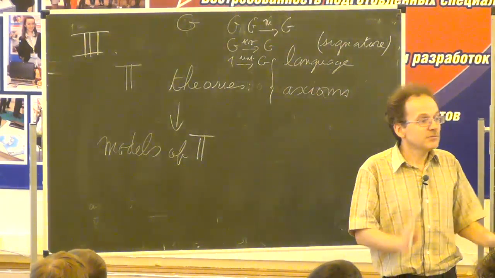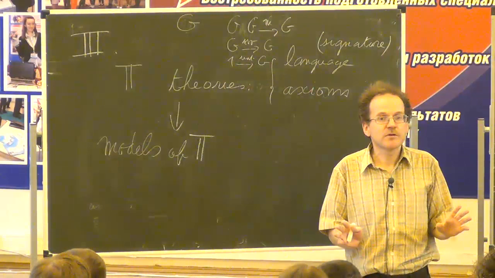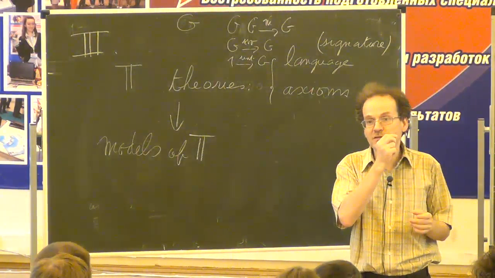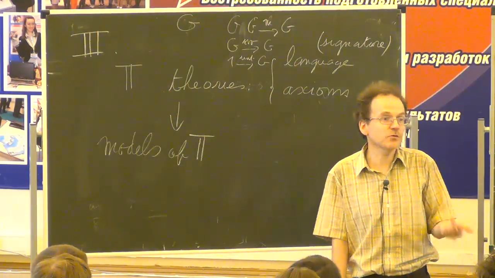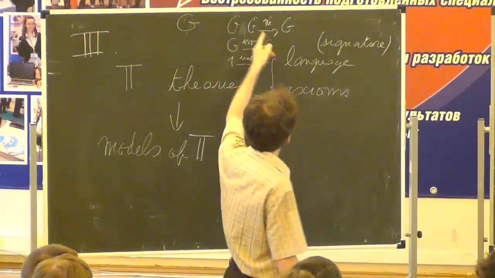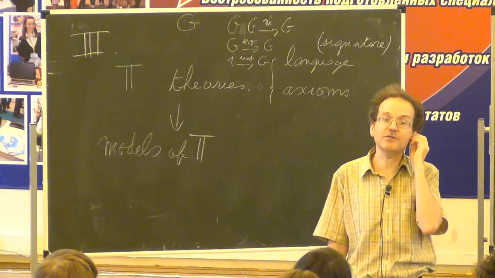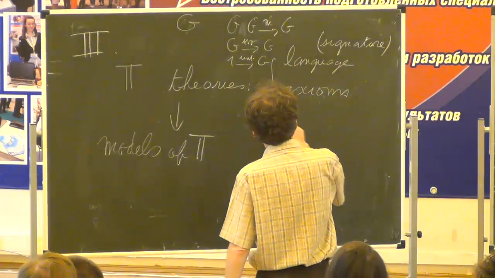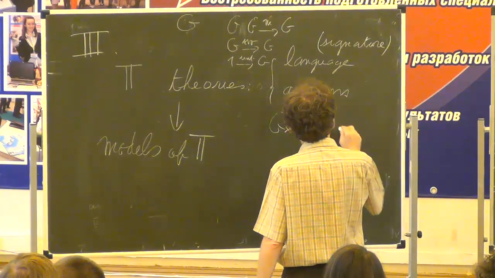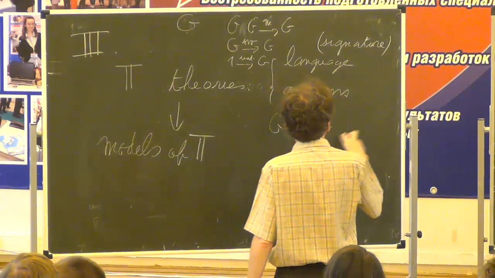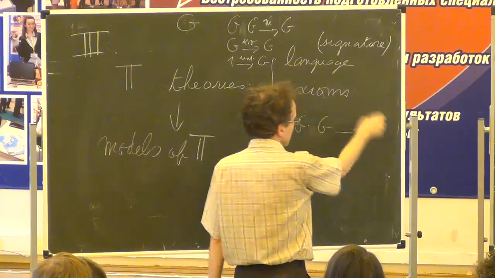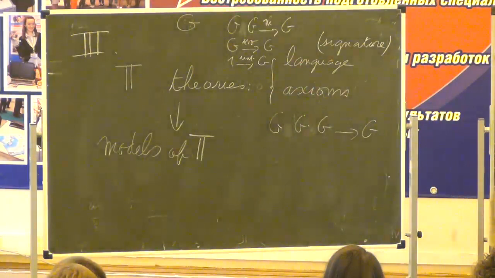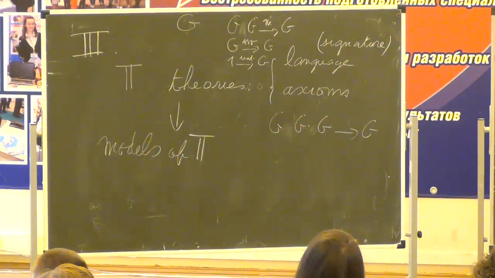By now, there are axioms. Of course, what do we have? We have the fact that multiplication should be associative. So what does it mean? It means that we are considering composed maps from G×G×G to G. There are 2 possible paths to get there, and the 2 possible paths should be equal.